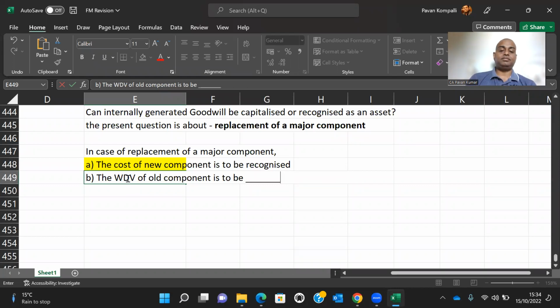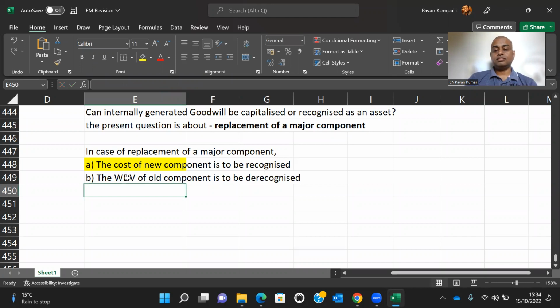De-recognized. Excellent. The WDV of the old component is to be de-recognized. Those who said de-recognized, your luck is enough; today the planetary position is good, so it hit the correct button.